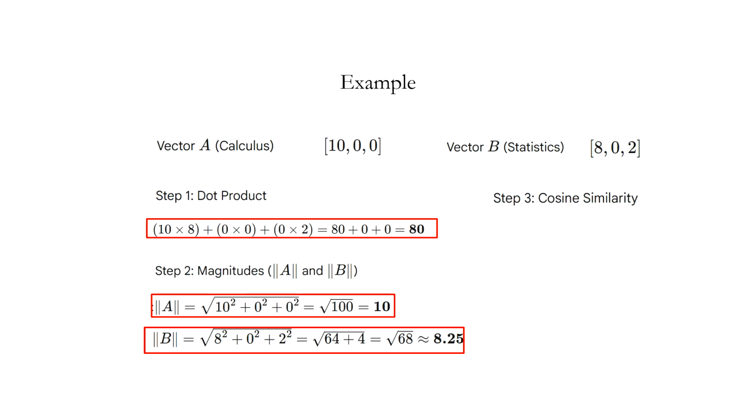Step 3 is cosine similarity. We just take the dot product divided by the magnitudes, right? So we've got 80 divided by 82.5, and that's 0.97.